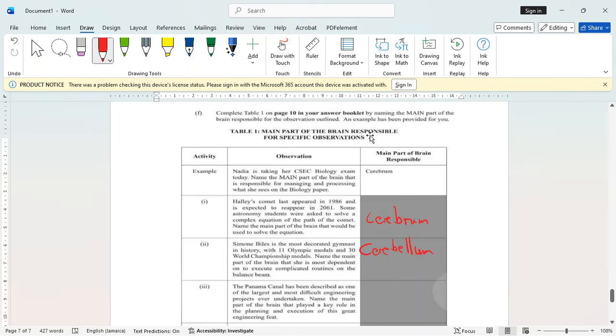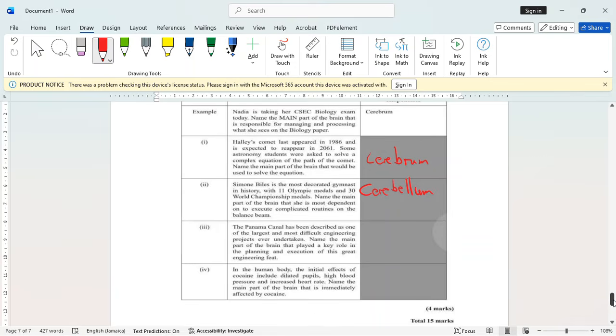The next scenario speaks to the Panama Canal has been described as one of the largest and most difficult engineering projects ever undertaken.